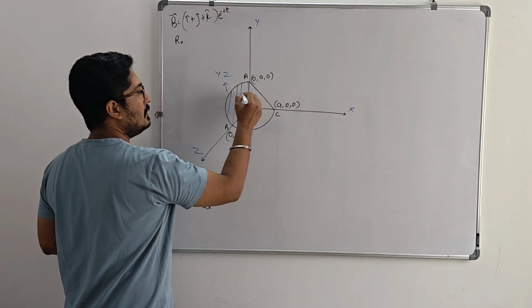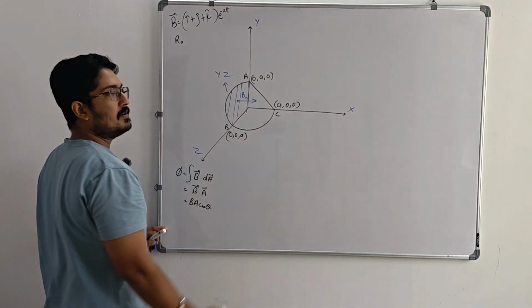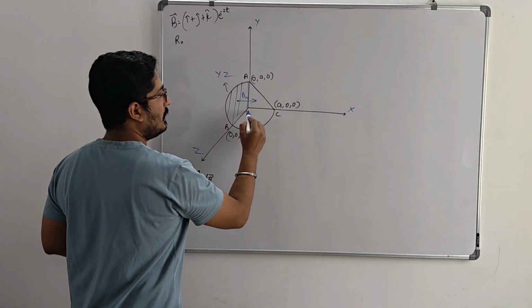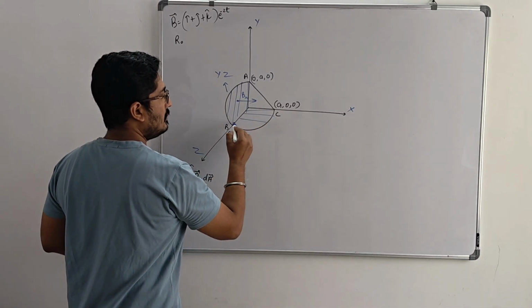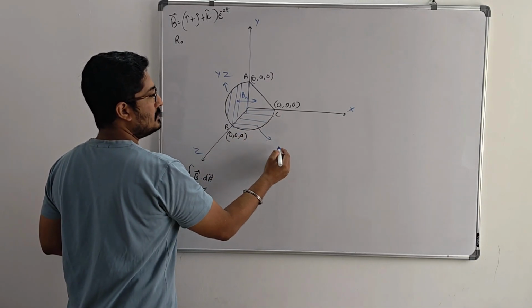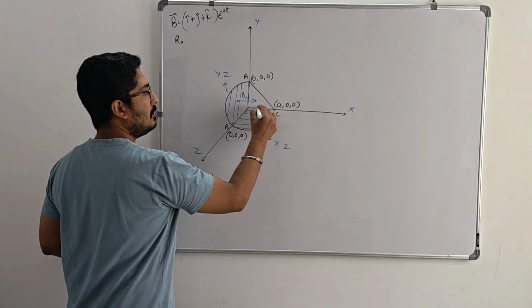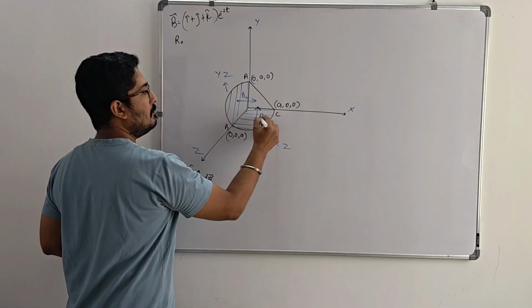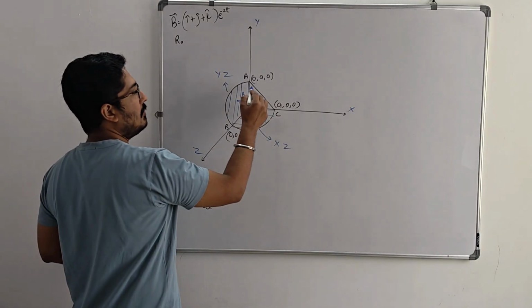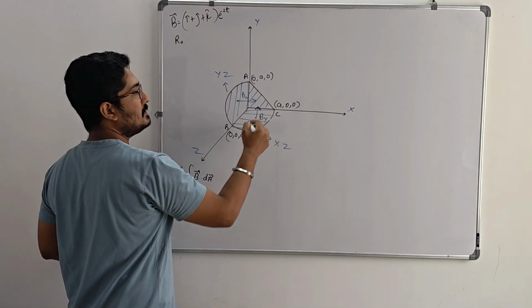So I'll just take which one? Bx for calculation. Similarly, if you consider this part, see, this is in which plane? This one is in the xz plane. So you should consider which component of the magnetic field? You should consider only the By. And the last one, what about this one? This region.